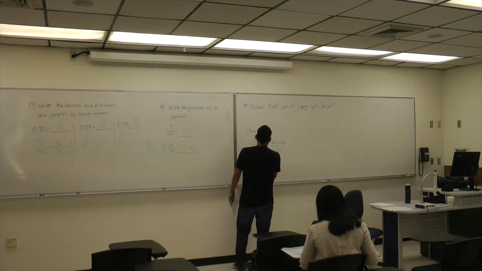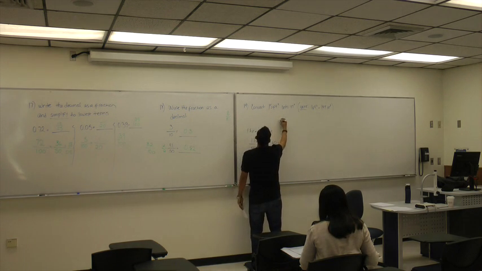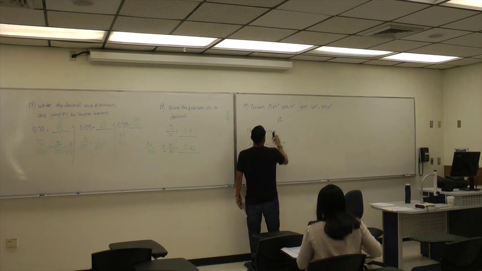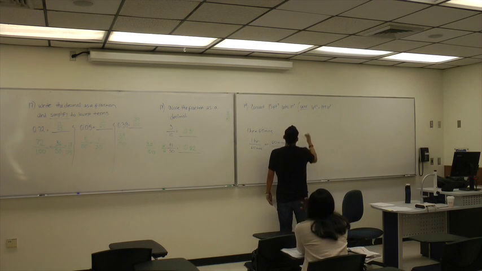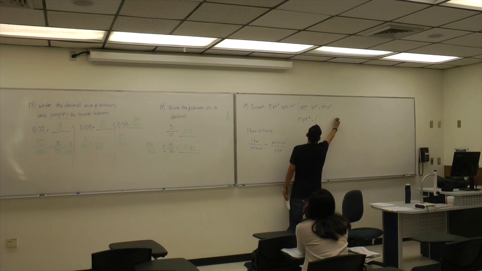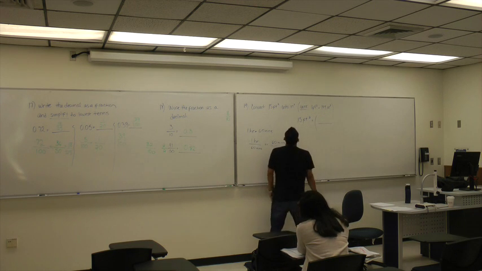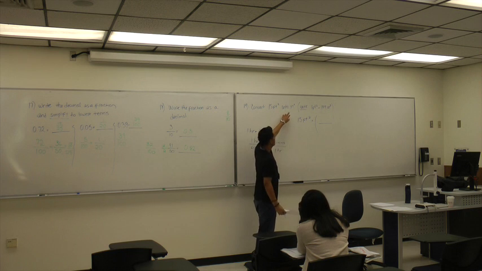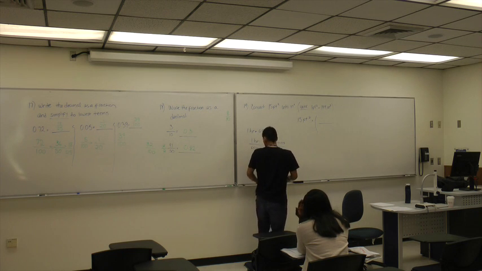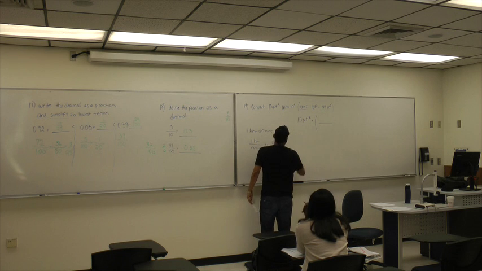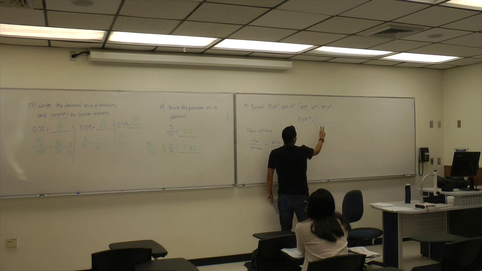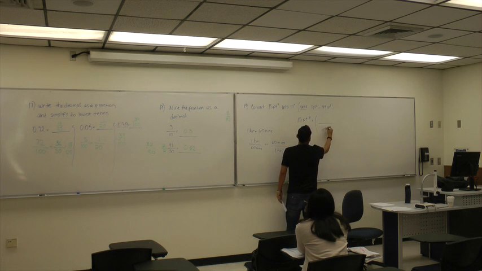If you have 15 feet squared, you're going to multiply times something, and you have to end up with inches squared. So the feet squared has to cancel, therefore the square goes on the bottom and the inches squared goes on top.